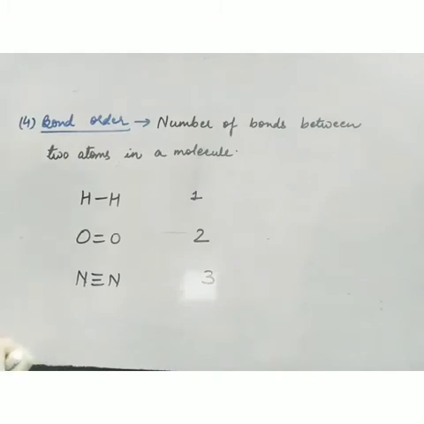Okay, and sometimes the bond order can be fractional also. Bond order can be 0 also. If the bond order is 0, the molecule will not exist at all. Okay, so this is all about your bond parameters. So we discussed 4 things. You know the meaning of now bond length, bond enthalpy, bond angle, and bond order.